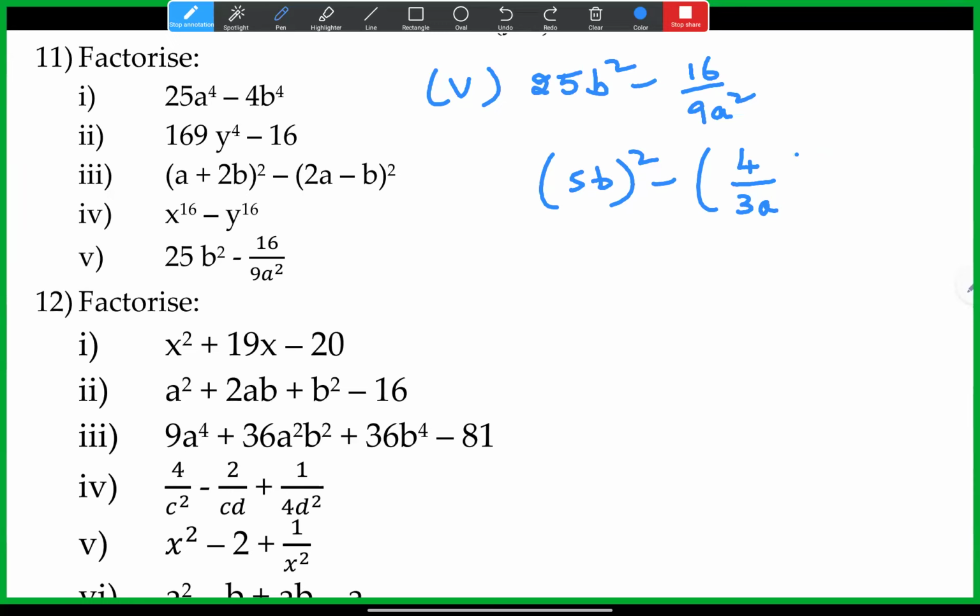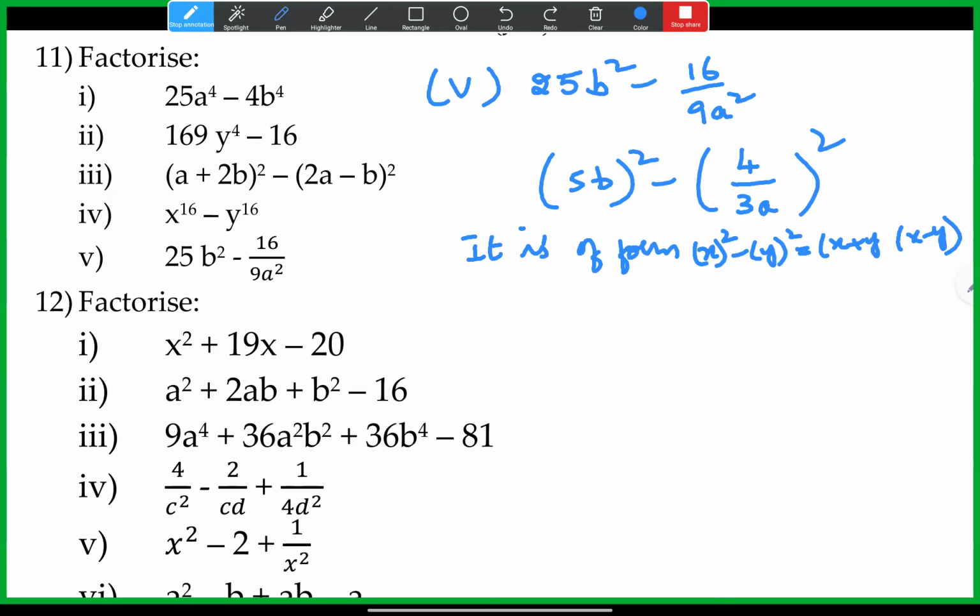Okay, Maisha. Now it looks like it is of the form x square minus y square. Here a and b are there, so instead of writing a square minus b square, I'll write x square minus y square. It is of the form x square minus y square, which is x plus y into x minus y. So now x is 5b and y is 4 by 3a.